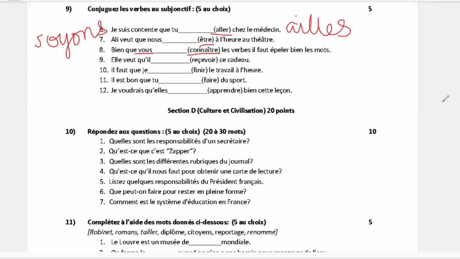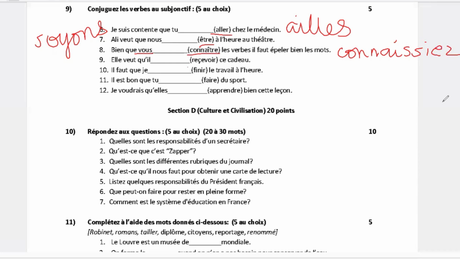So we'll take the nu and vu takes the imparfait. As per my rule for imparfait formation, I'm going to remove my ONS. To this radical, I'm going to add my imparfait endings, which with vu is IEZ.